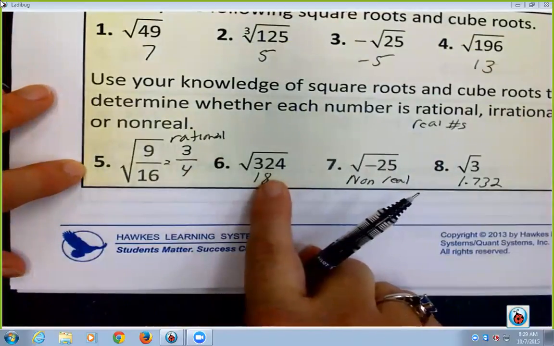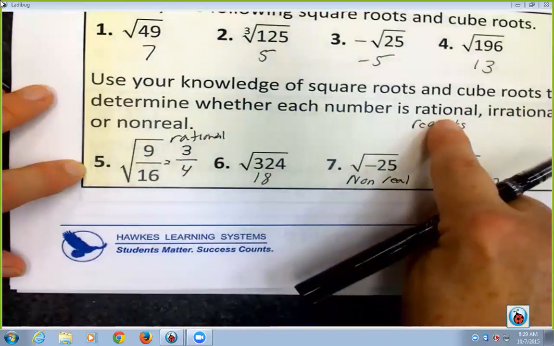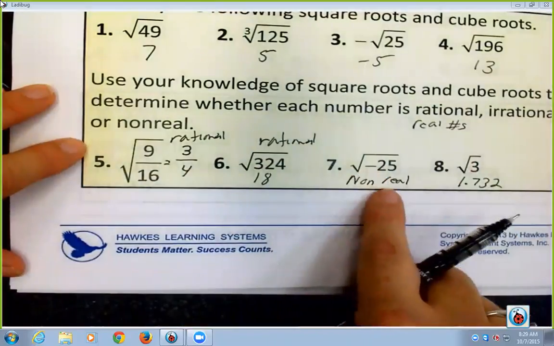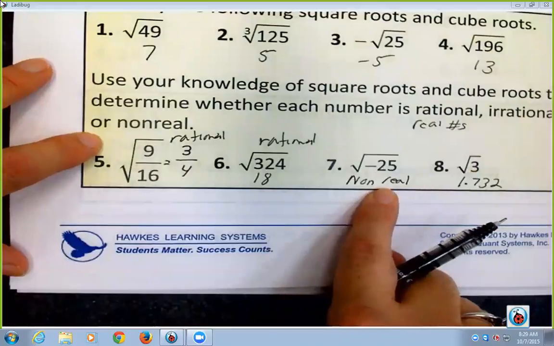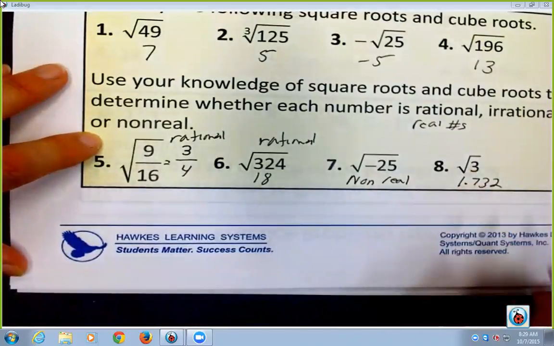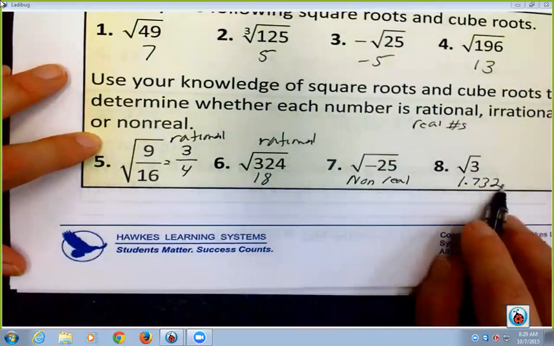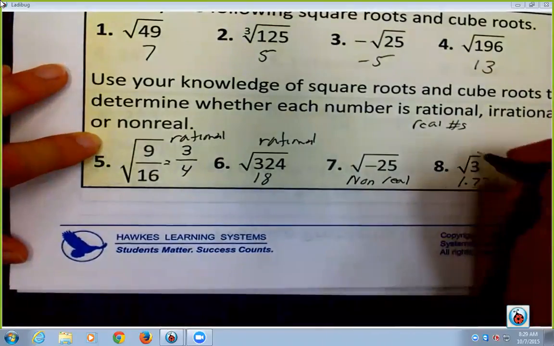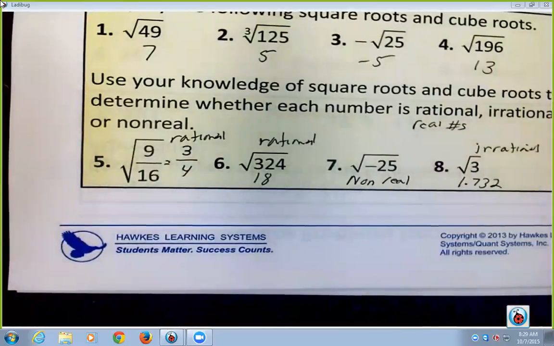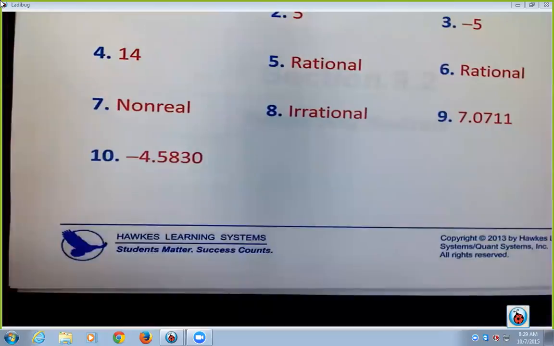Square root of 324 is also exact, so it's rational. We already identified this one as non-real because we can't do it. And then finally the last one, because it's a decimal and we rounded the whole thing off, it's irrational. So we got irrational with that one. Okay, so that ends up being the pieces there.